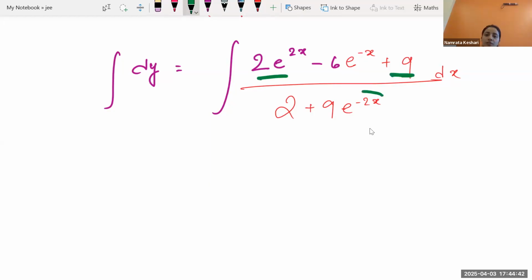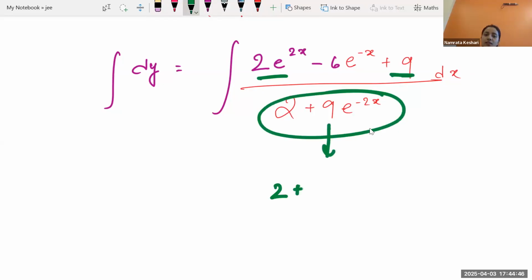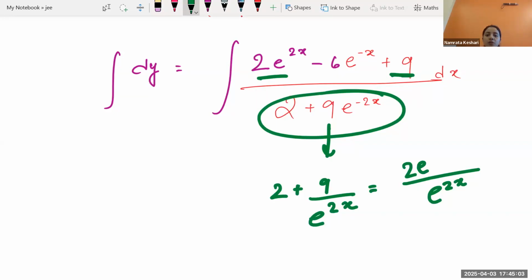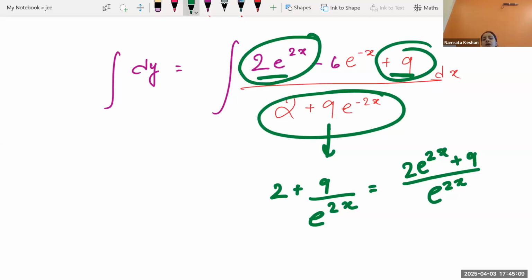Here if we try simplifying it a bit, we can write it as 2 plus 9 by e to the power 2x, yes or no? Yes, ma'am. Which is nothing but e to the power 2x is the LCM, and we are having 2 e to the power 2x plus 9. So this term in the numerator and the last term together will come, and the denominator this one.